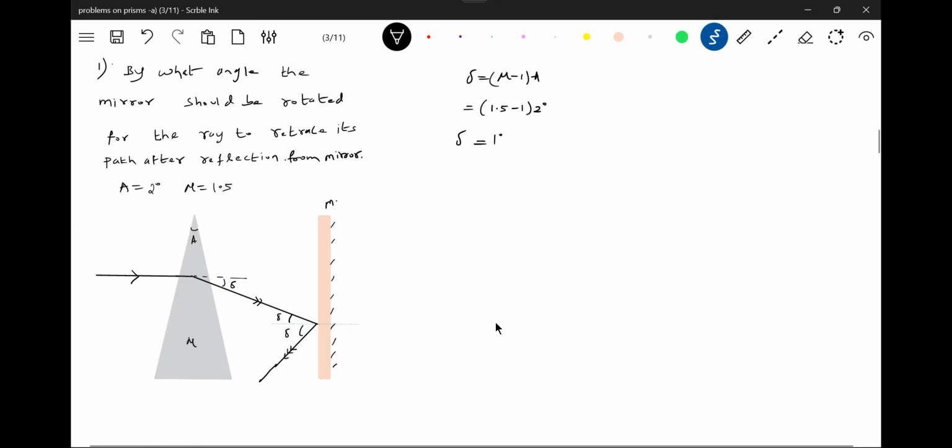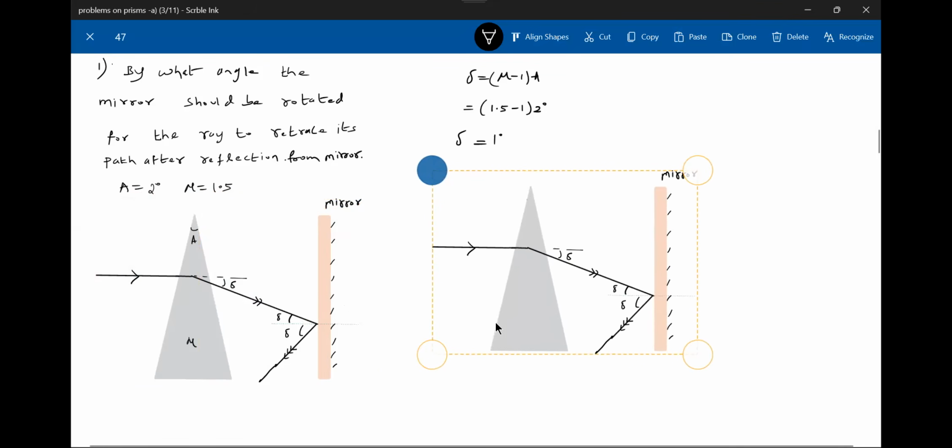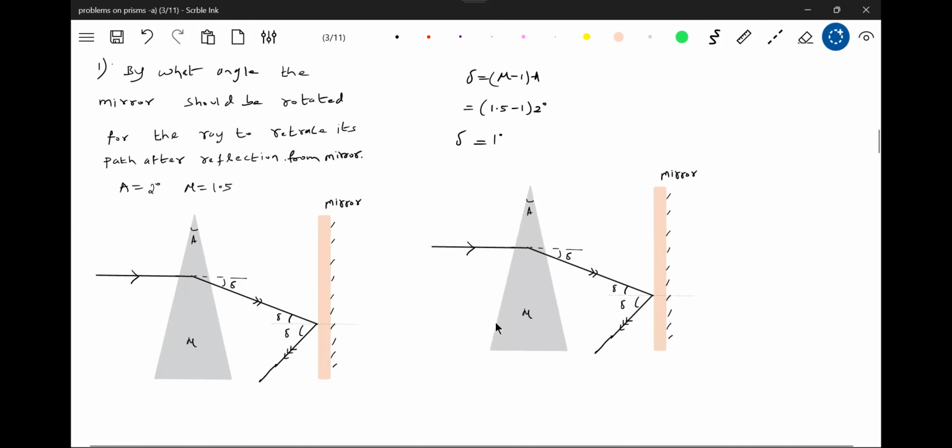This is a mirror. What is the question that is asked? By how much the mirror should be rotated so that the ray retraces its path. So what has to be done? Let me take help of the situation here. Now it has to retrace the path, so I'll take out this path.